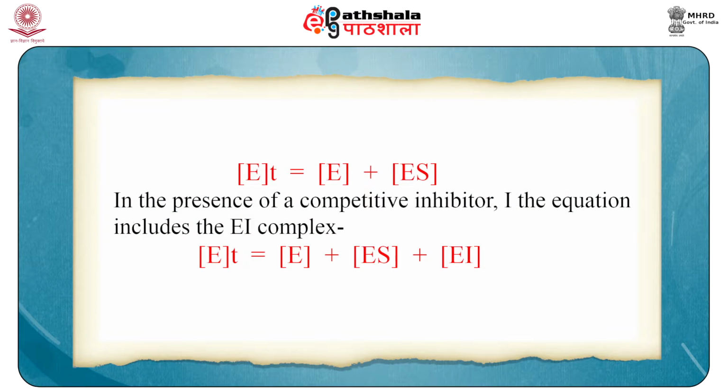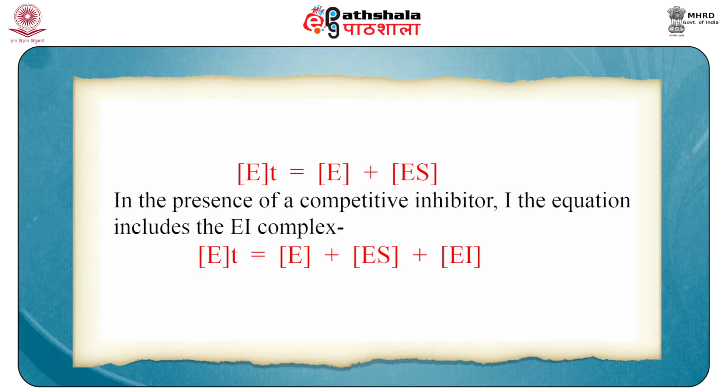In the derivation of the Michaelis-Menten equation, the enzyme is therefore partitioned into two species, free enzyme and enzyme substrate complex, or E total, ET, is equal to E, free enzyme, plus ES, the enzyme substrate complex.